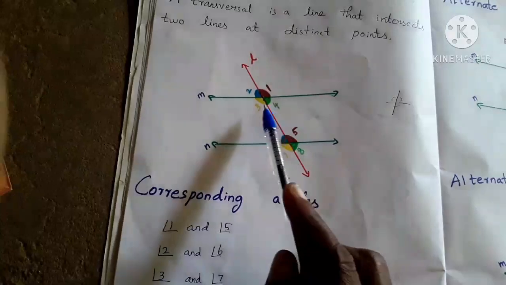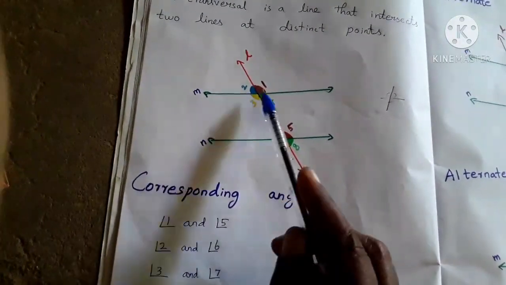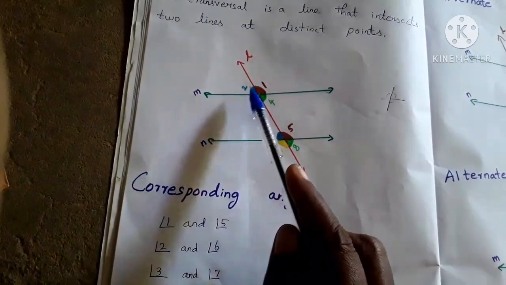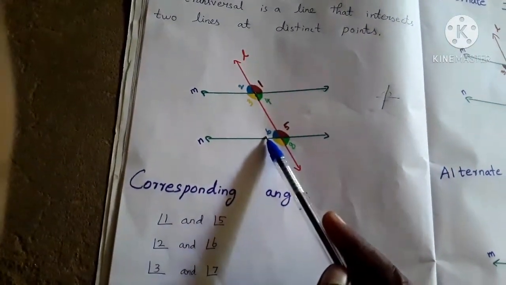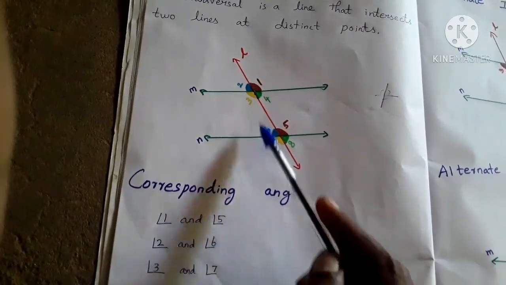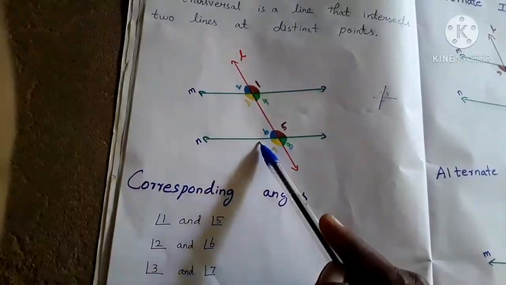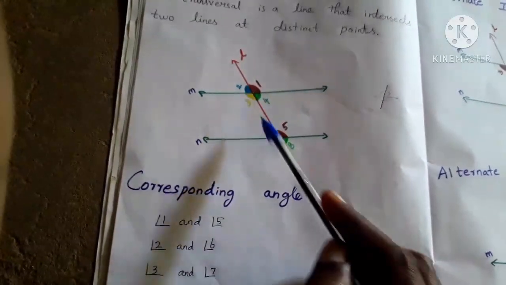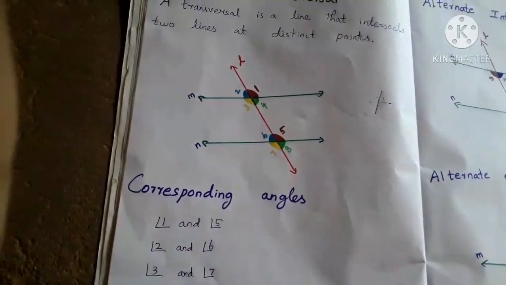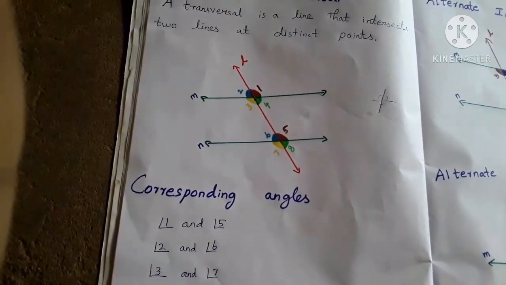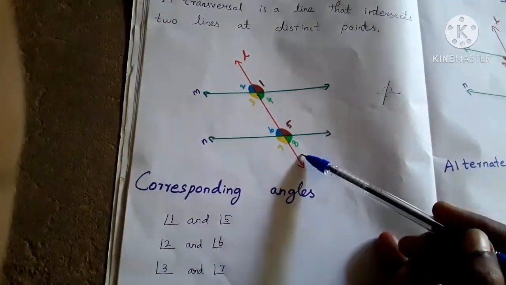Like the same, see angle 2 and angle 6. It is also marked on the left side of the transversal and above the lines M and N. So angle 2 and 6 are also corresponding angles. Next, see angle 4 and angle 8.